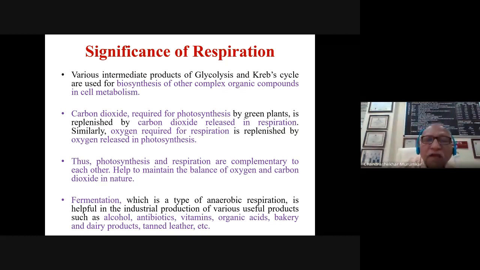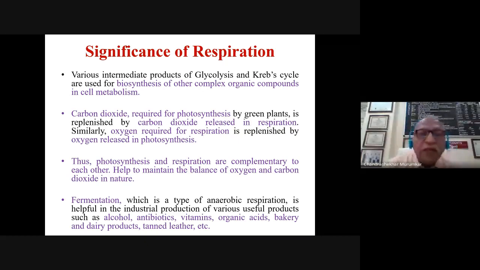But remember, respiration is a universal physiological process which is present right from the bacteria to all the living world, including plants and animals, whereas the photosynthesis is present only in the plants and also in green organisms. It also helps to maintain the balance of the oxygen and carbon dioxide in nature.